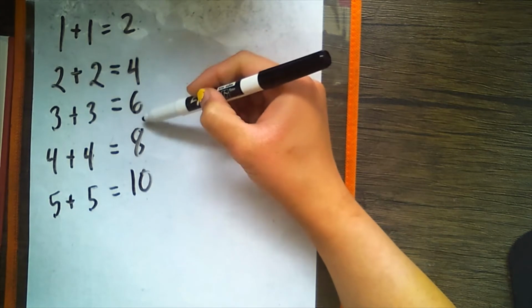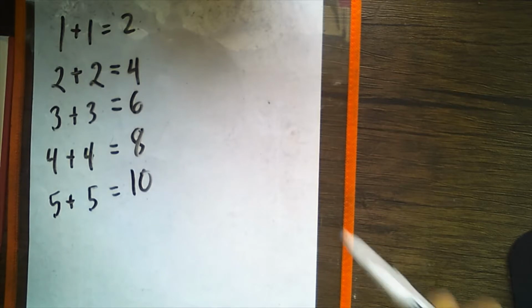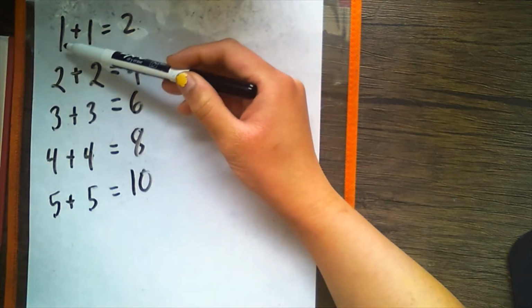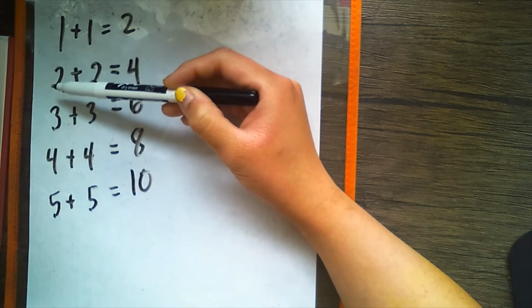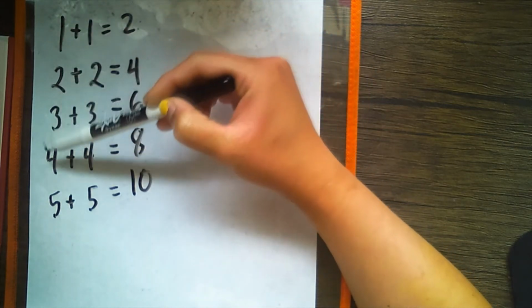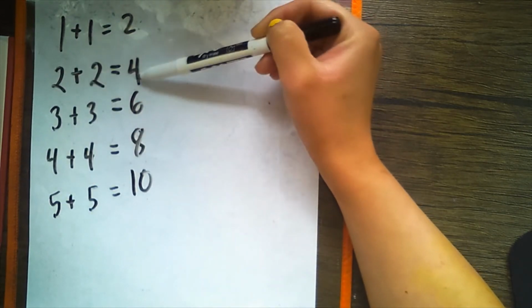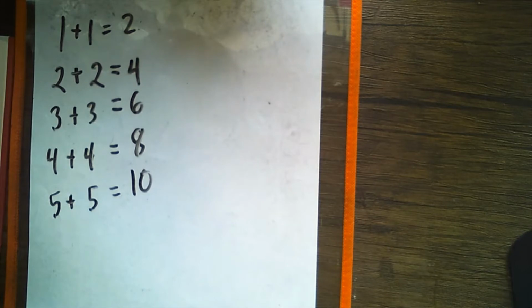Look, 2, 4, 6, 8, 10. And you'll notice that each addend goes up by 1 so that the answer goes up by 2. That's also another pattern that we're noticing here.